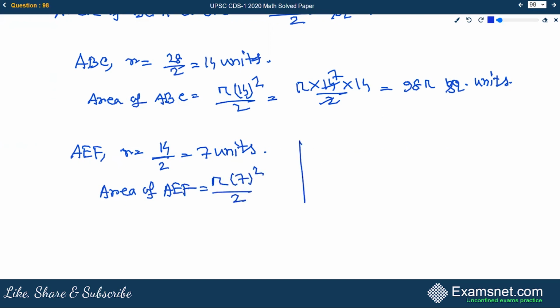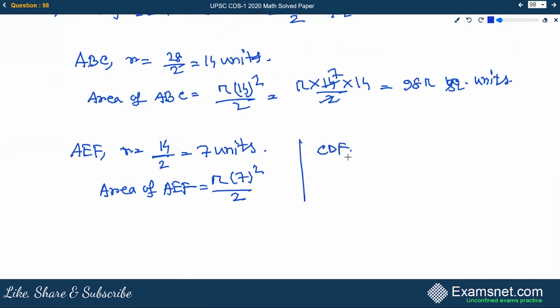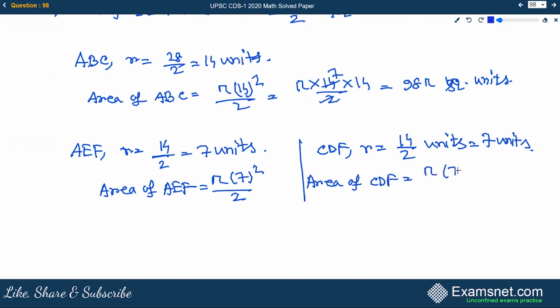And for semicircle CDF as well, r is again 7 units.